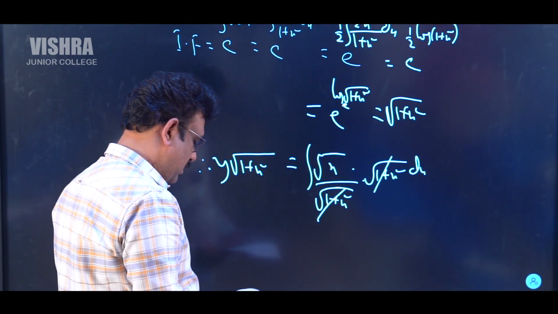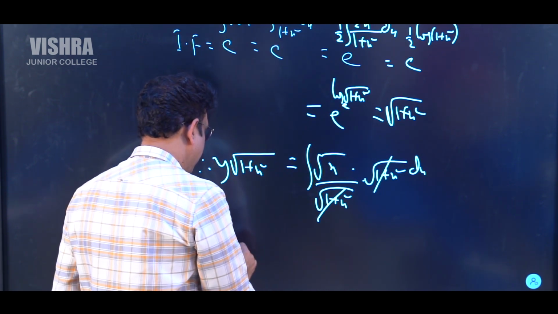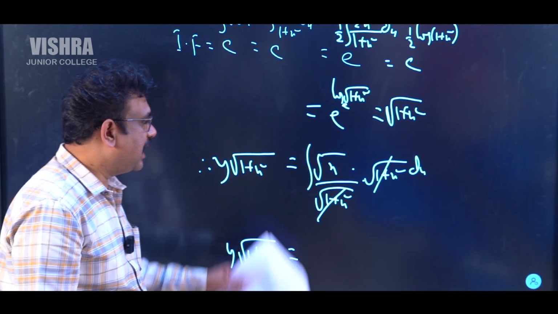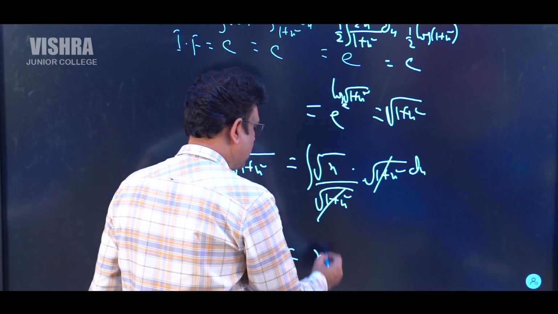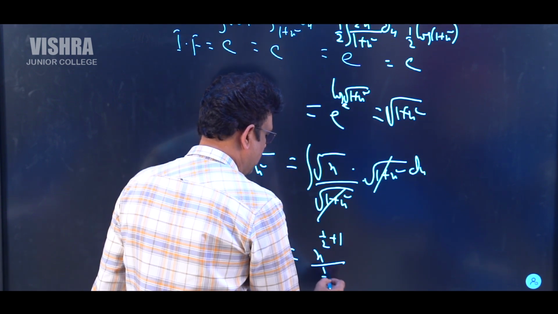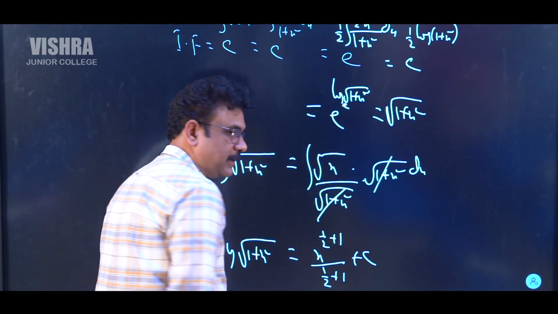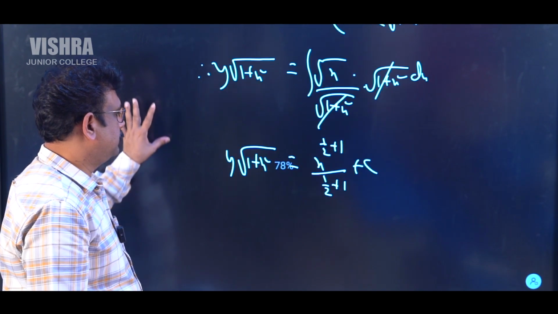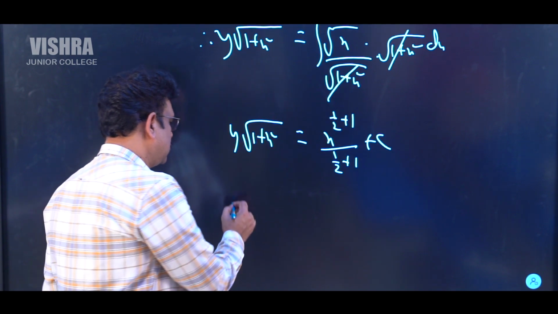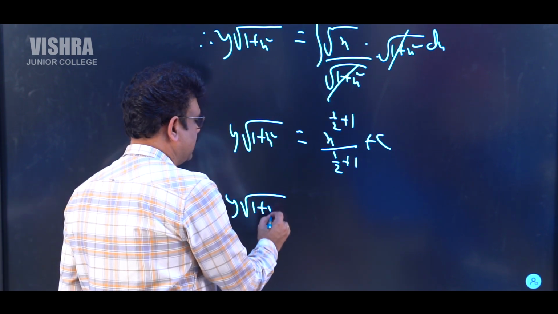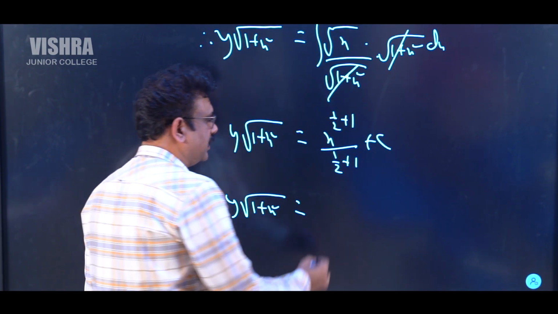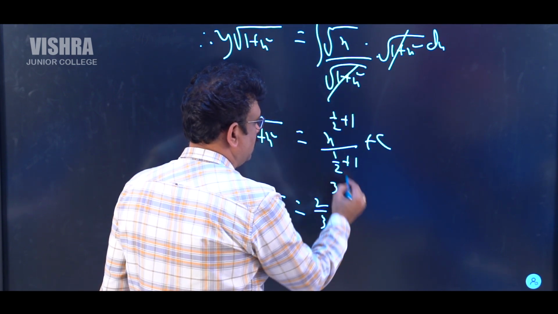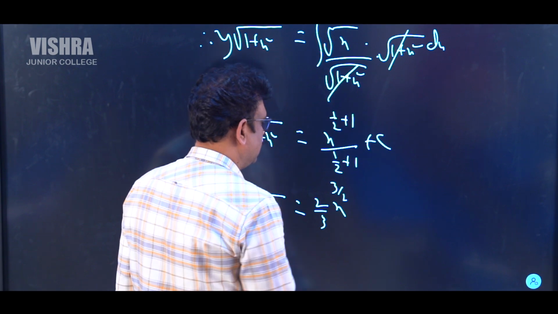So root x is equal to x power 1 by 2, y root of 1 plus x square is the integral of x power 1 by 2, which is x power 1 by 2 plus 1, so y root of 1 plus x square is equal to 2 by 3 x power 3 by 2 plus c.